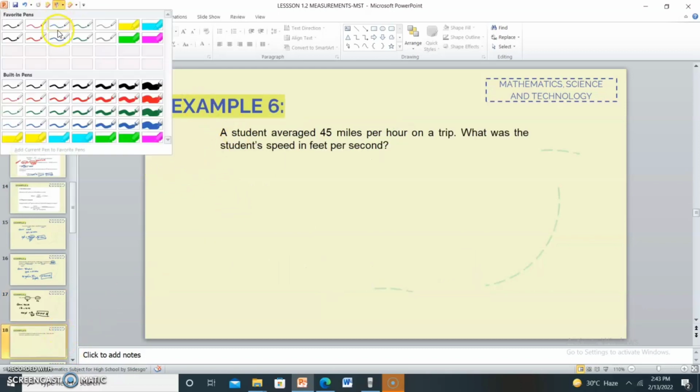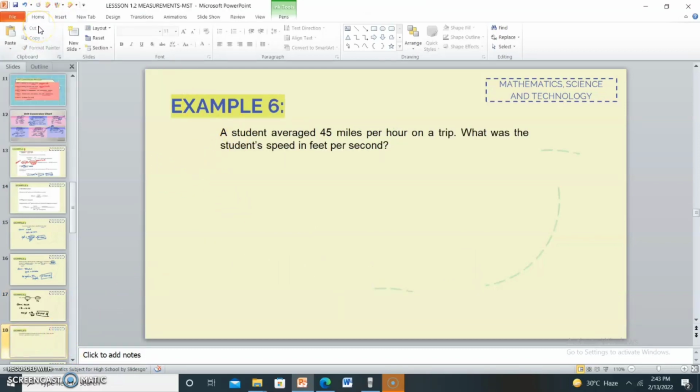Next, an example from your book also. A student averaged 45 miles per hour on a trip. What was the student's speed in feet per second? So, mile per hour into feet per second.